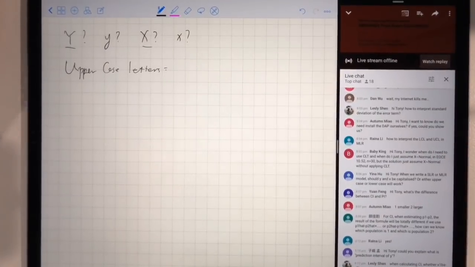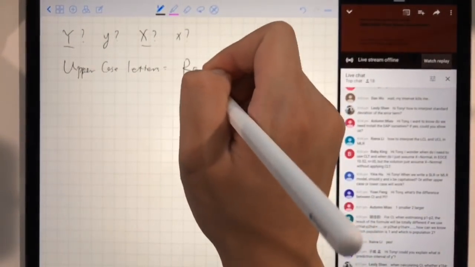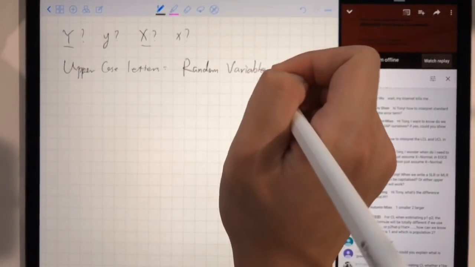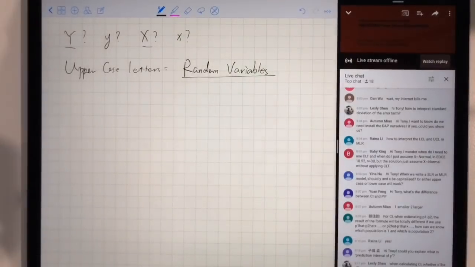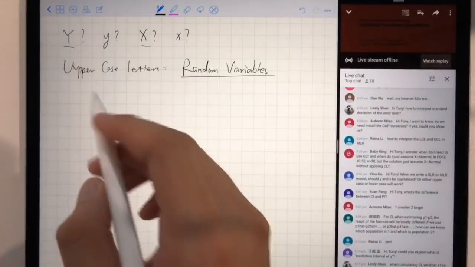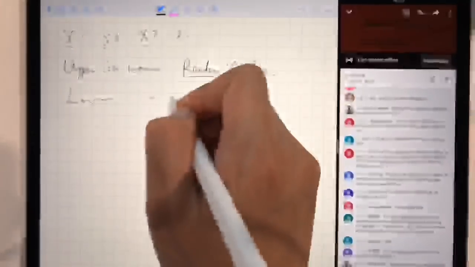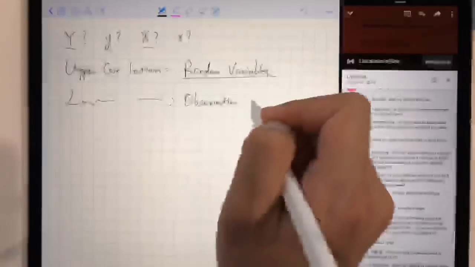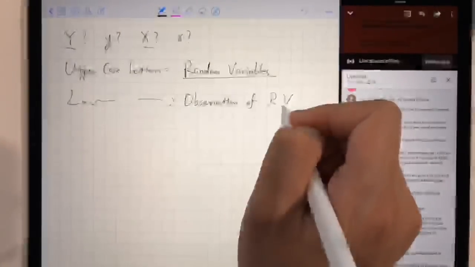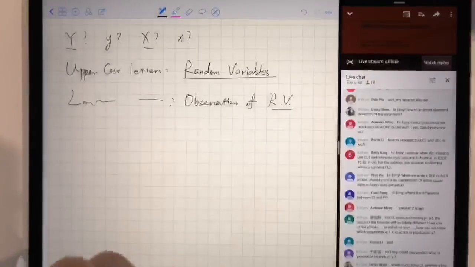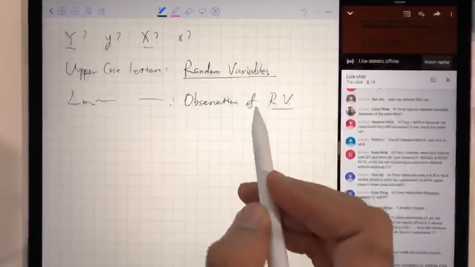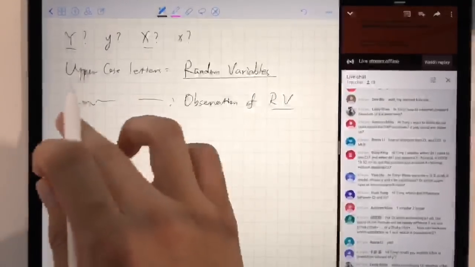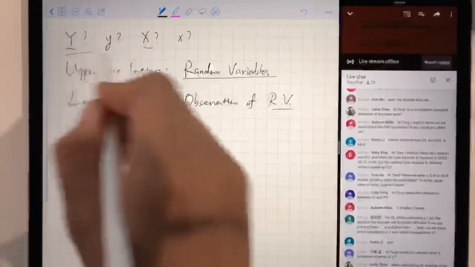They usually stand for random variables, okay? And the lowercase letters are the observations of the random variables. I use RV for random variables. So if you want to write in big letters, my answer is both are okay, but you need to pay attention to some details.